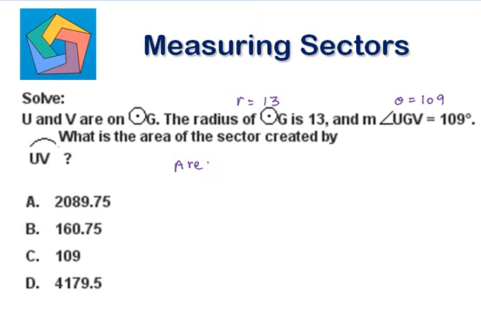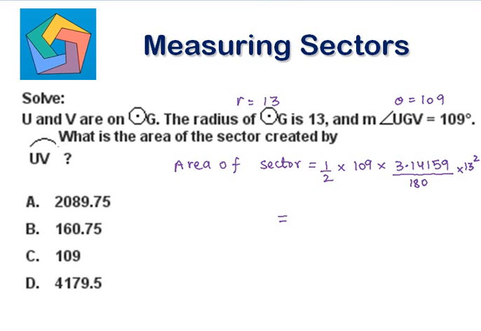So the area of the sector will be 1/2 times theta 109 times pi, which is 3.14159, divided by 180 times r, which is 13, so 13 squared.